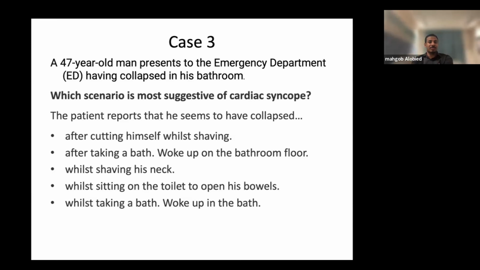That's the first question in the pre-event part, if you remember. So the patient tells you one of those answers, and one of them is suggestive of cardiac syncope. Actually, each of them suggests one type of syncope. If we go one by one, we can tell.